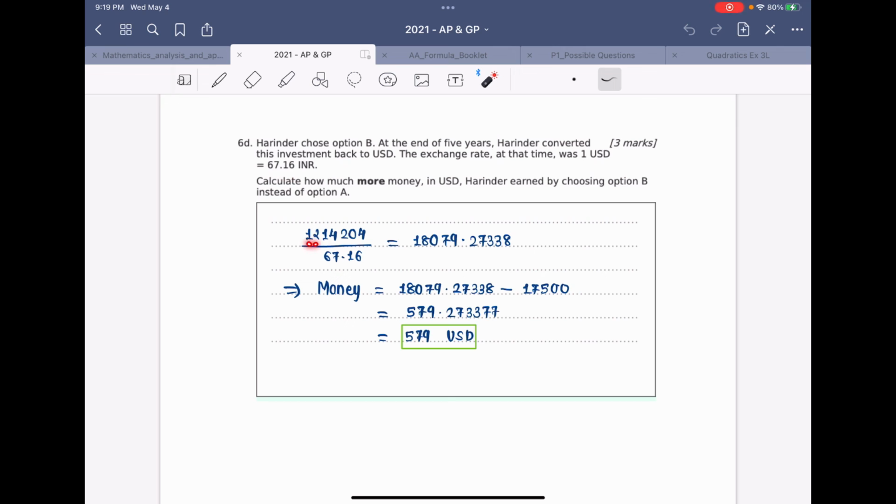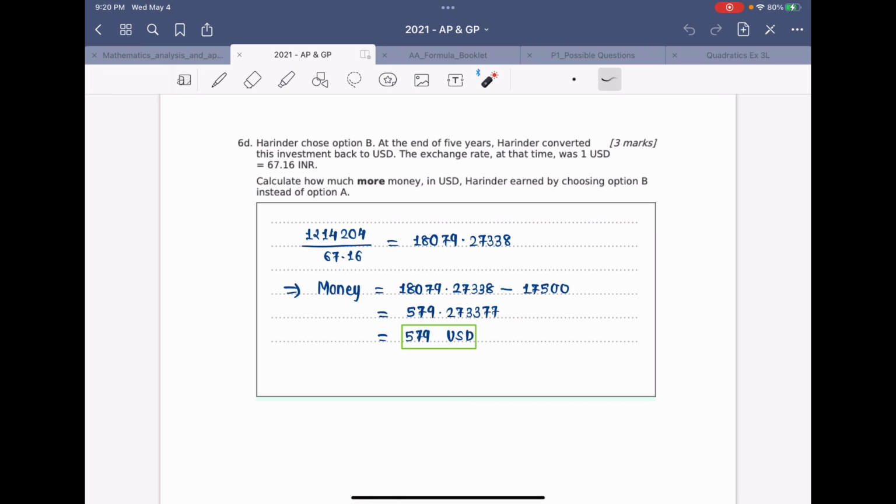So 1214204 INR divided by 67.16, we will get the amount in terms of USD, which is 18079.27338. This is the amount he is getting after investing in Indian bank and again converting in terms of USD.